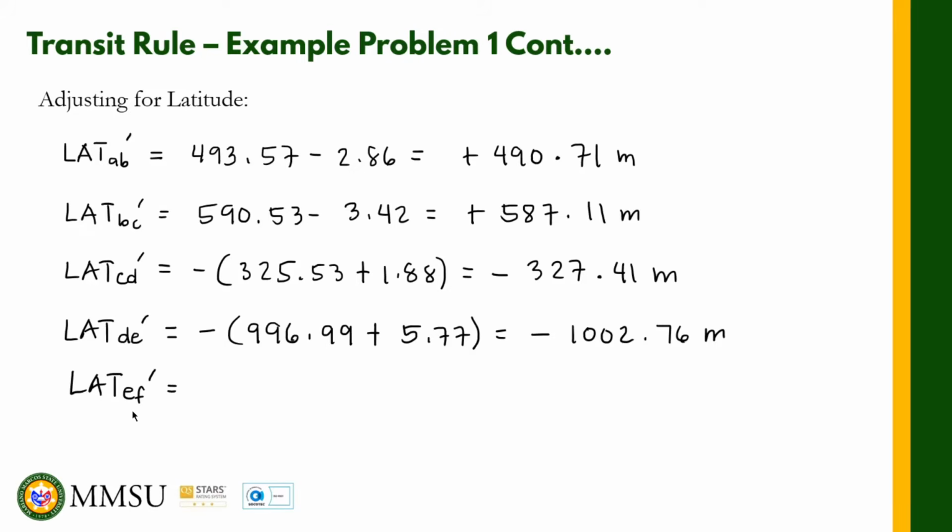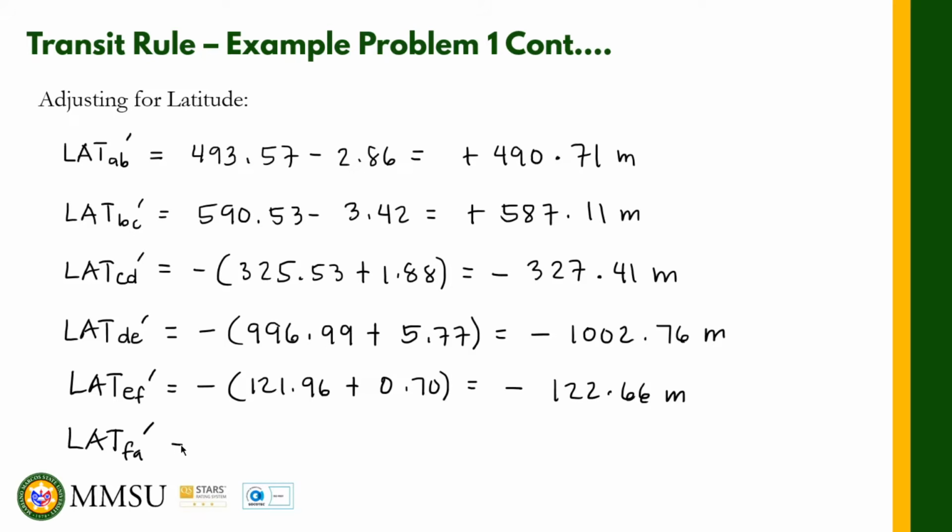The original latitude of EF is negative 121.96. So we have negative 121.96, and we need to add the correction of 0.70. Okay, we should come up with negative 122.66 meters. And then finally, for the adjusted latitude of FA, this is equal to positive 377.19.